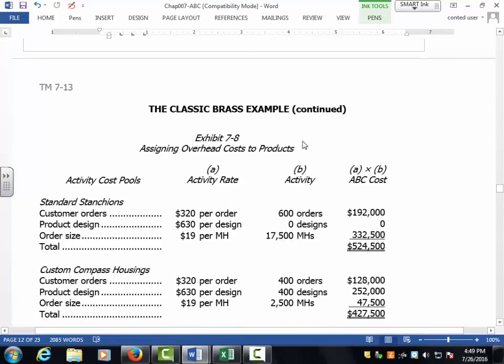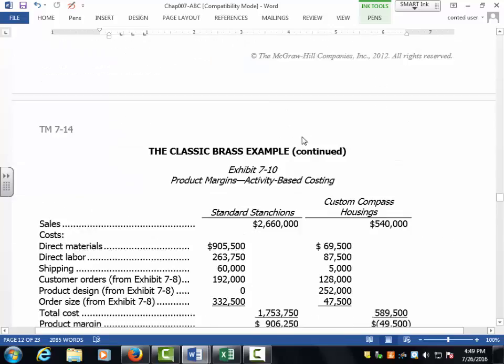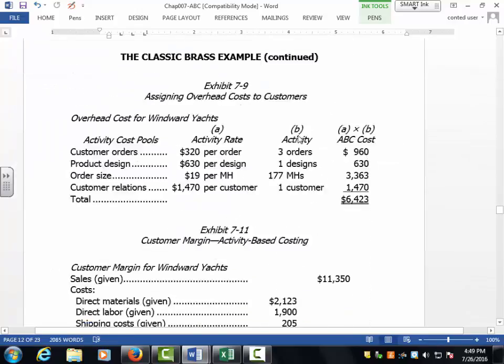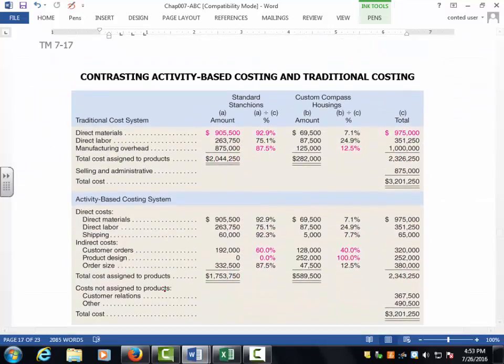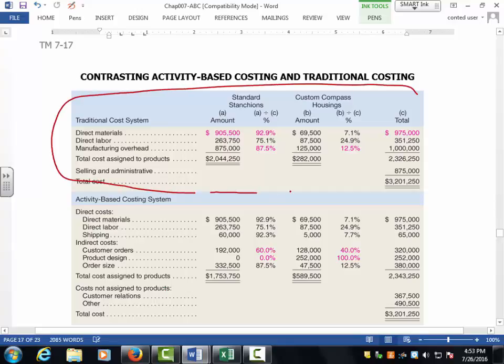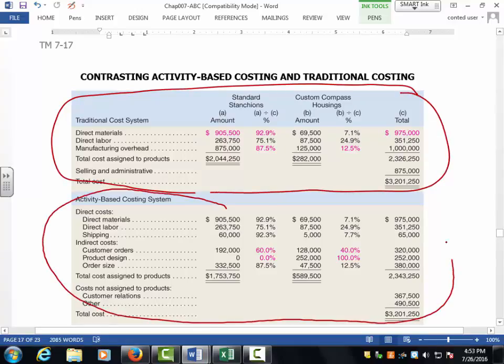Then when we multiply this out, let's just go to the Big Daddy here. Let me arrow down to it. So let's use this slide to give you the theory and see the numbers and see if this makes sense. We're going to contrast the traditional system from the activity-based costing system.